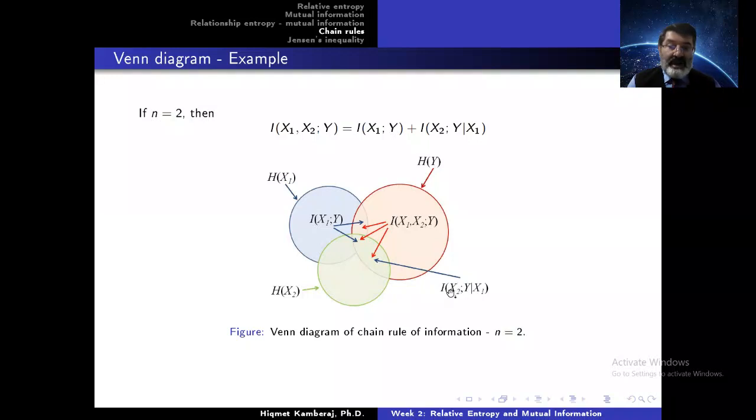So we start with the mutual information between x2 and y, it is all this part. Now if I subtract, because x1 is given, this part here, then you are left with the mutual information between x2 and y given x1, which is all this part here.